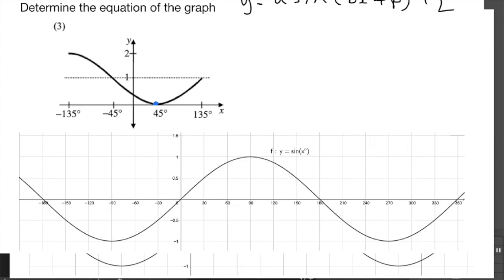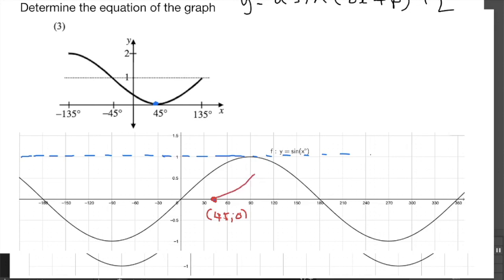I want to try and draw that graph together with the graph of sine of x so that we can see the comparisons very quickly. That is where 45 degrees is. So that is the point 45, there. Our graph passes through that point 45. So it's something like this.